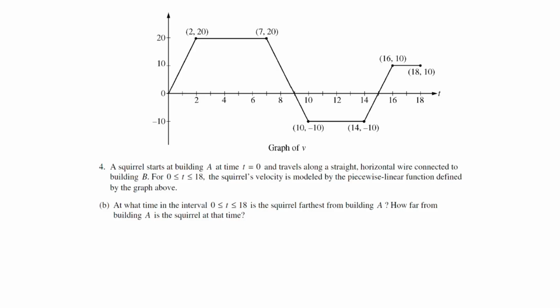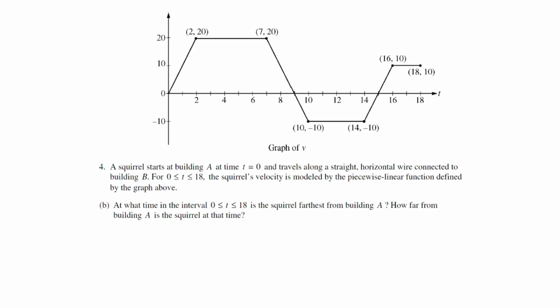In part B, we want to know when is the squirrel farthest from the building and how far from building A is the squirrel at that time. So this is actually a little bit of a combination with a graph FRQ, where you have to find the areas underneath the curve. The position at t equals 0 is going to be 0.